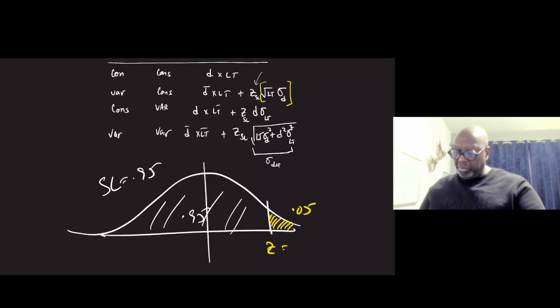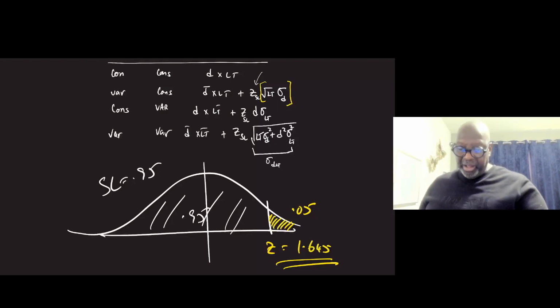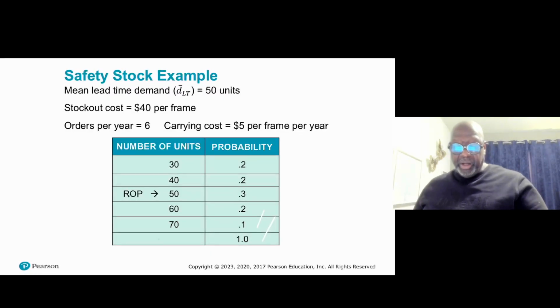So our Z would actually be 1.645. If you don't remember how to do that, you have to go back to your normal tables and figure this out. But this is stuff that you've done before and are supposed to remember. All right, good.